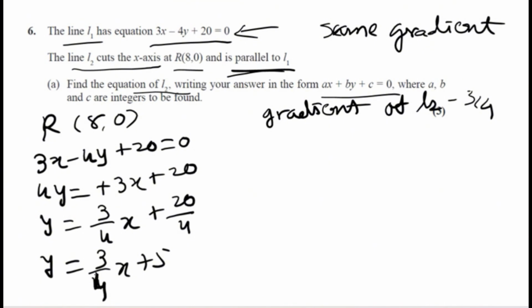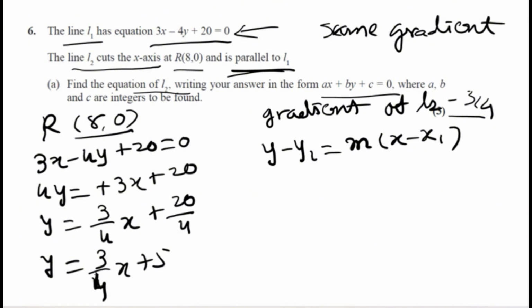Now to find the equation, I have this coordinate and I have a gradient. So I am using this formula: y minus y1 is equal to m times (x minus x1). You can use the y = mx + c form and find the value of c, but this is easier here, so I am using this one. So y minus 0 is equal to, my m is 3 over 4, and x minus 8.